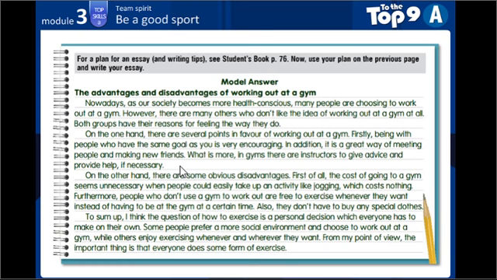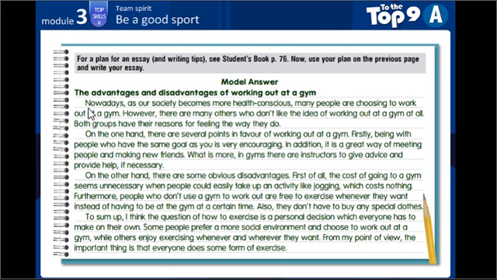For the essay, you can write about the advantages and the disadvantages of working out at a gym. You can read it and focus on the punctuation of this essay.